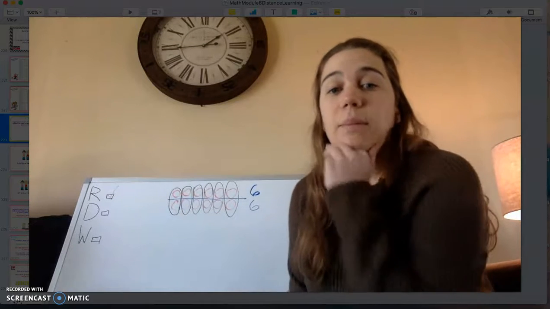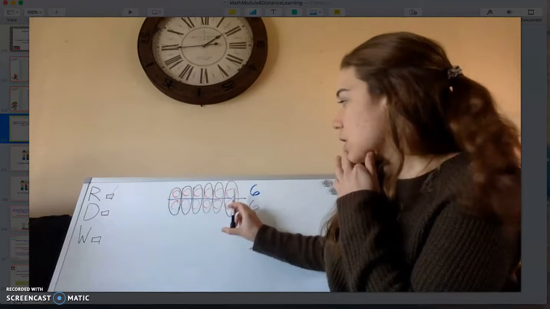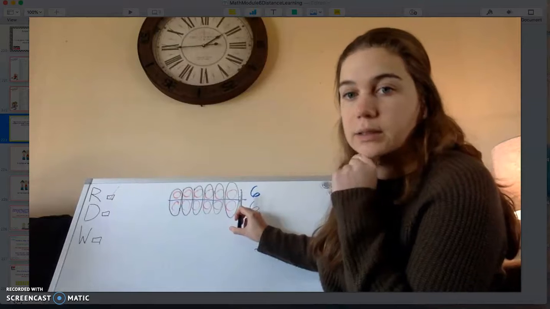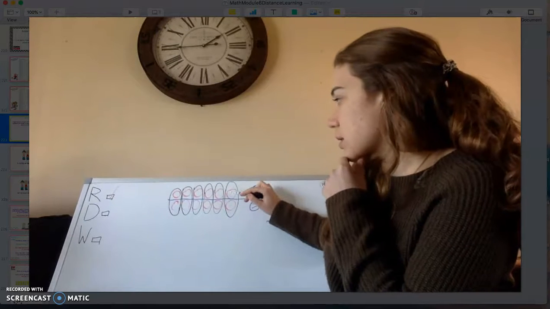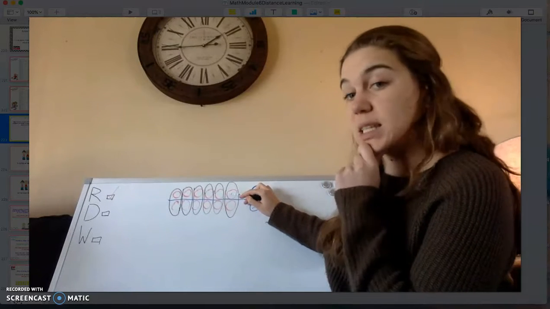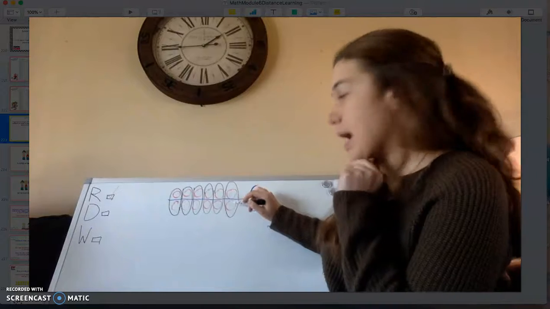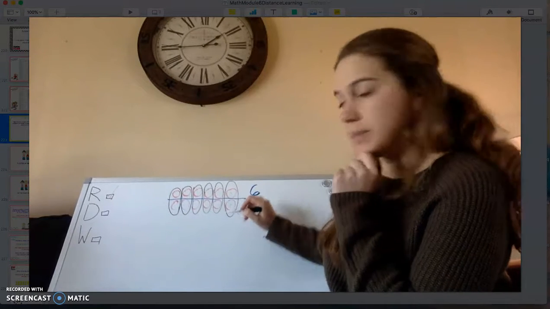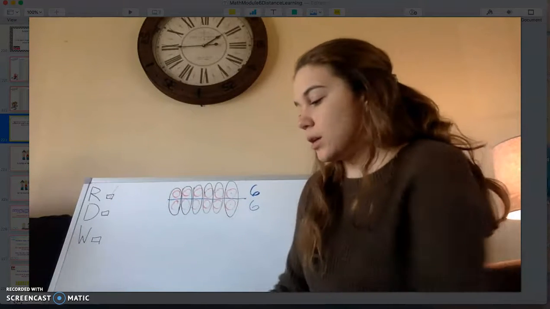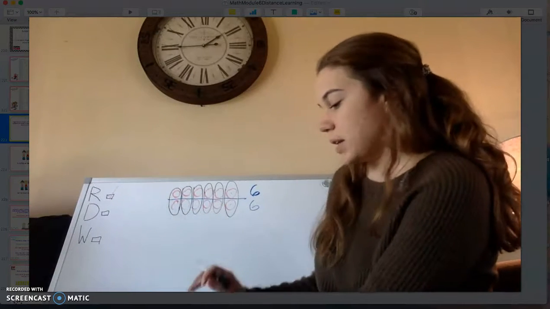With an even number, there are no left over. There's nothing left over. So each object, in this case each egg, has a pair, has one that goes with it. So if we explained it in pictures.